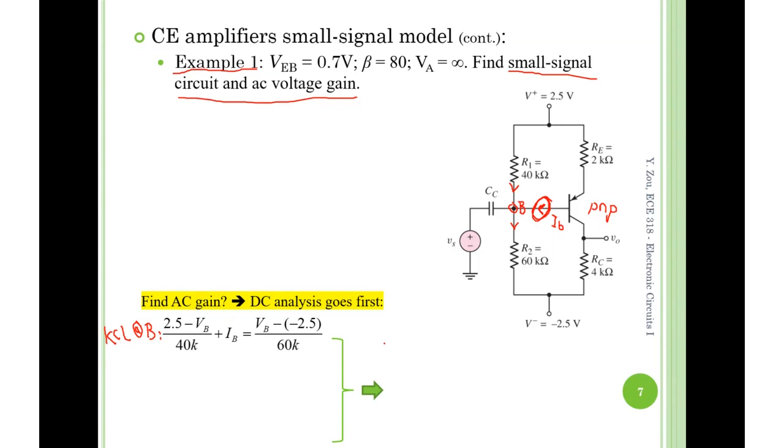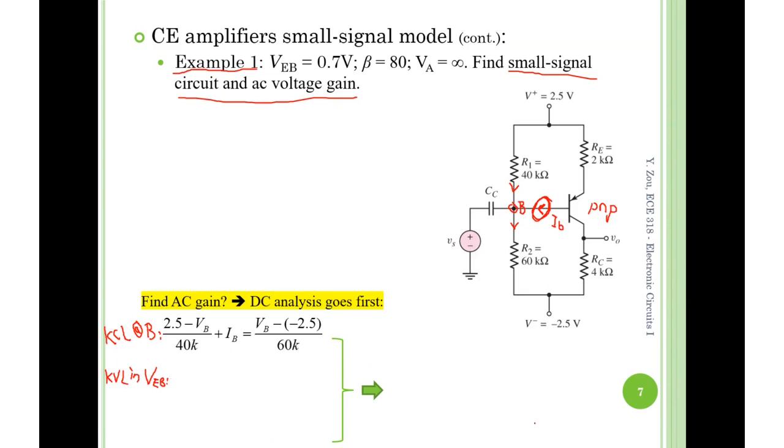All right, if this is clear, then we need more equations, obviously. What is it? KVL in what loop? VEB loop, right? We call it the VEB loop. The loop containing VEB, not VBE, because this is, again, a PNP.